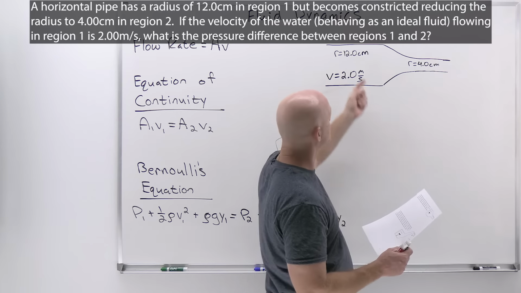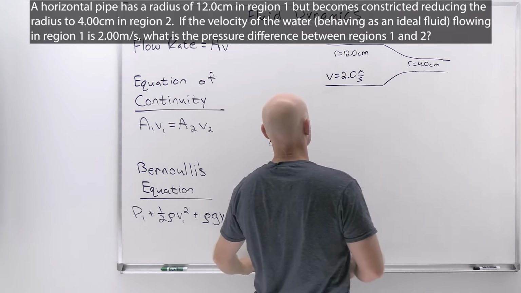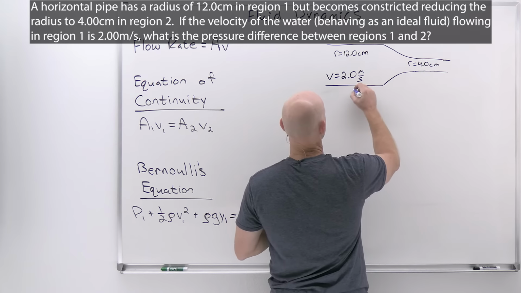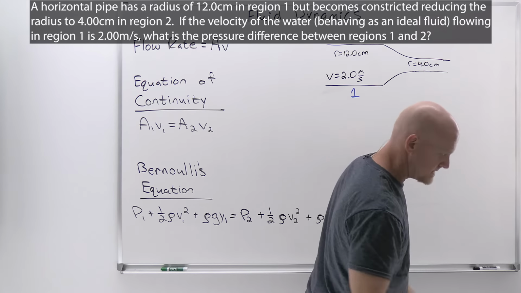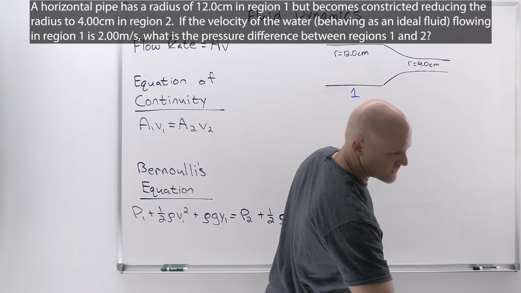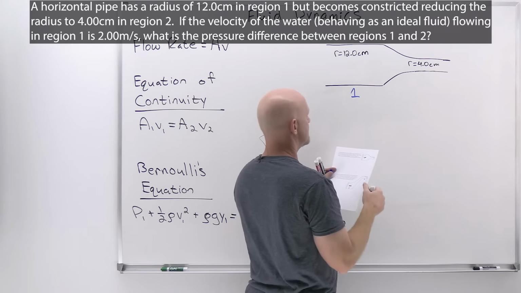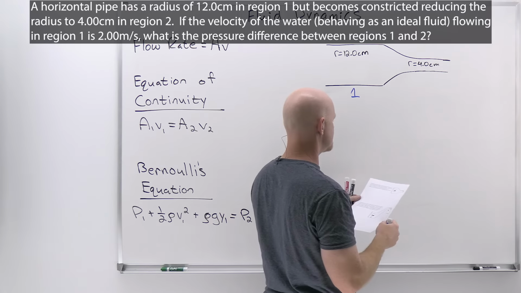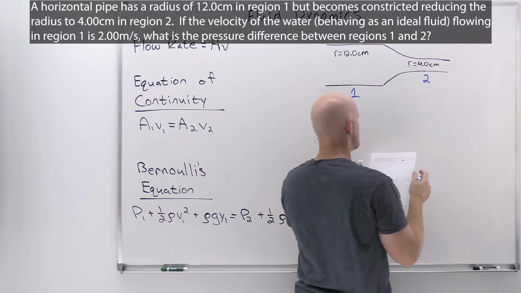A horizontal pipe has a radius of 12.0 centimeters in region 1. Let's make that region 1 here. Oh, let's get that 2 meters per second off of there as well. All right, so once again, a horizontal pipe has a radius of 12 centimeters in region 1, but becomes constricted, reducing to a radius of 4.0 centimeters in region 2.